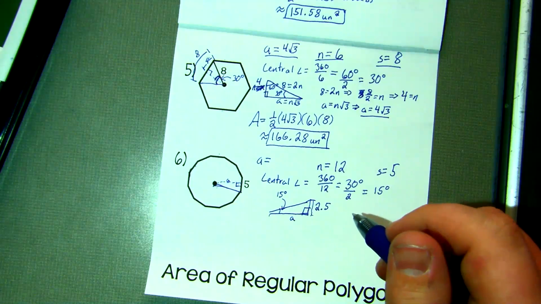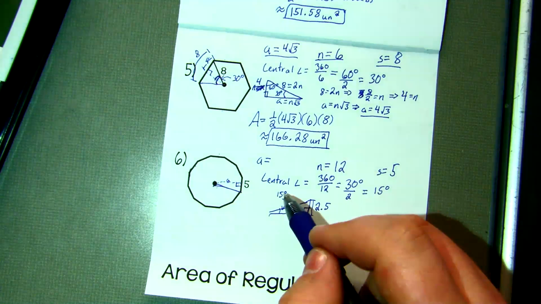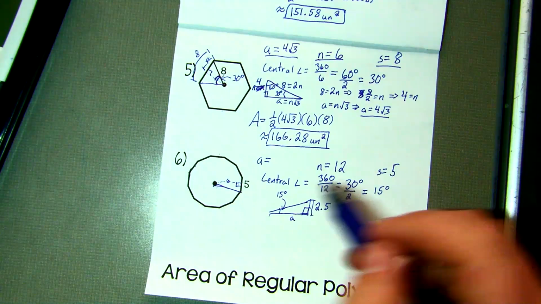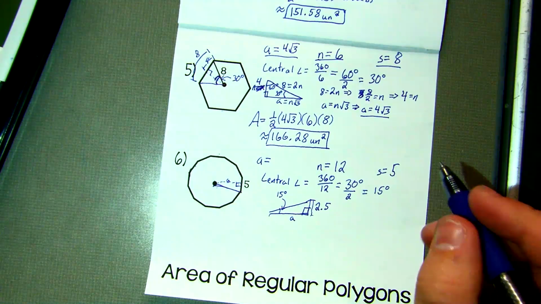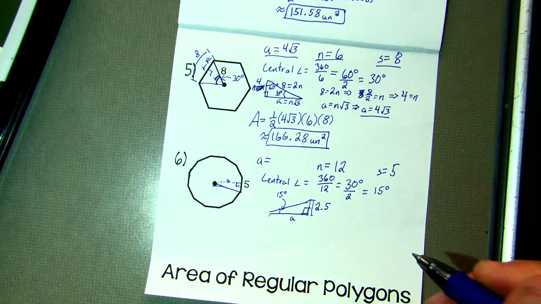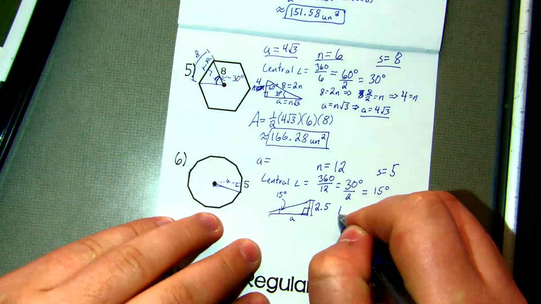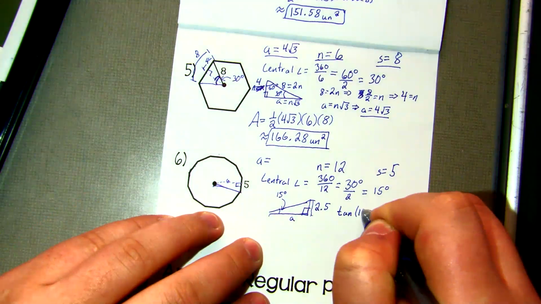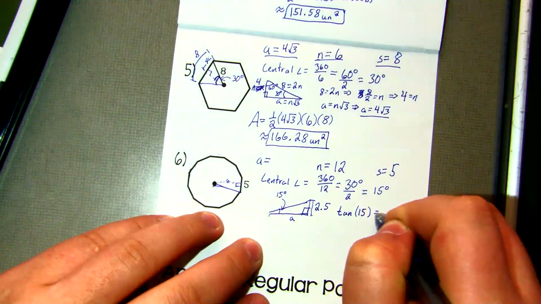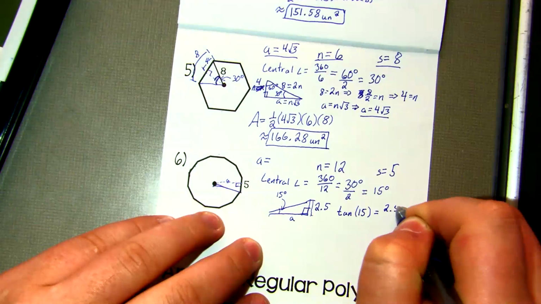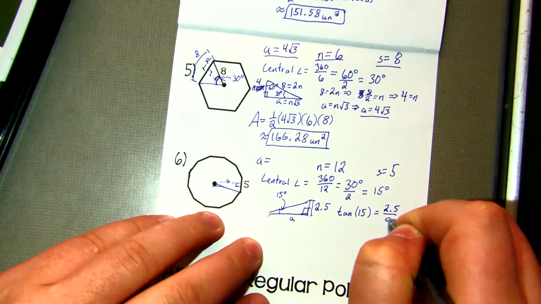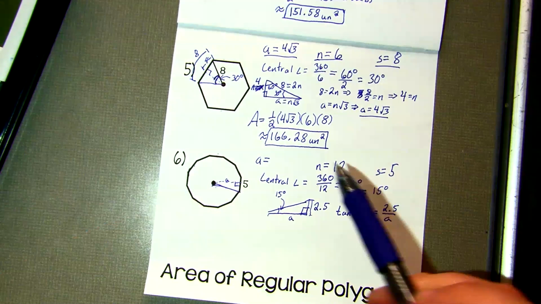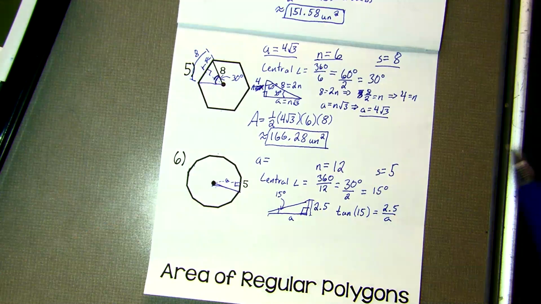So that's interesting, but we have to remember this 15 is an angle and 2.5 is a side. So what I'd be thinking is if we have an angle and a side, let's use trig. So we're going to use our tangent ratio. We're going to say tangent of 15 equals 2.5 over a. A lot of the time on these problems, you're going to have to calculate a central angle and then use that with some trig to finish it.